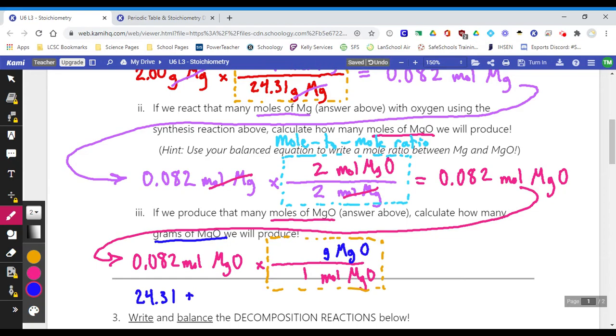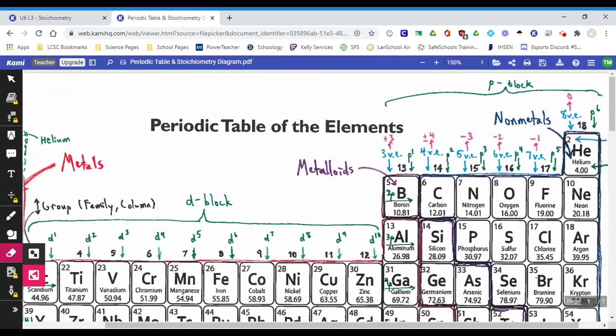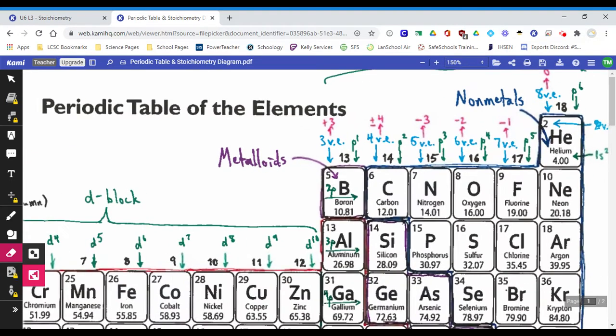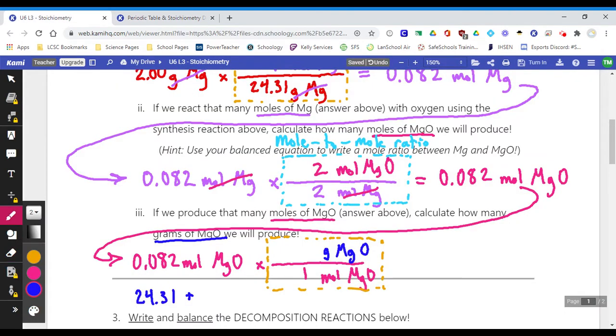So if we hop back to the periodic table, zoom out here. Hey, it's over there. All right, oxygen has a molar mass of 16.00. So let's add that in, 16.00.